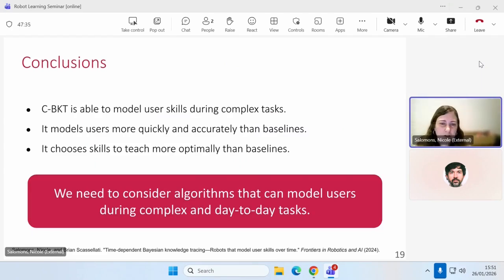Just to conclude, our algorithm was able to model skills in complex tasks. It modeled user skills more correctly and quickly compared to other baselines, and it knew which were the optimal skills to teach once it had created that model of the user.